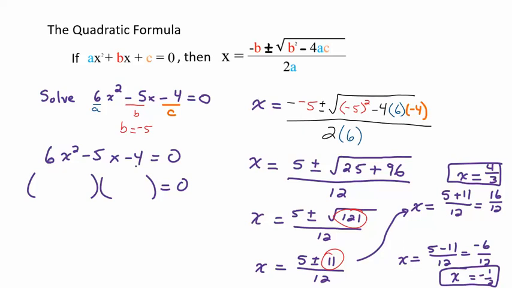6 times negative 4 is negative 24. This is my little trick for factoring, how I like to do it. I do the a times the c. And then I think to myself, what multiplies to be negative 24 and adds to be the middle number, which is negative 5? So that would be a negative 8 and a positive 3. So that means I need my outside and my inside to be a negative 8 and a positive 3.